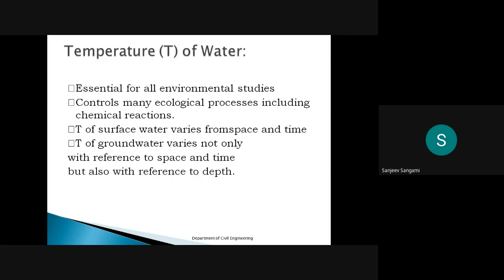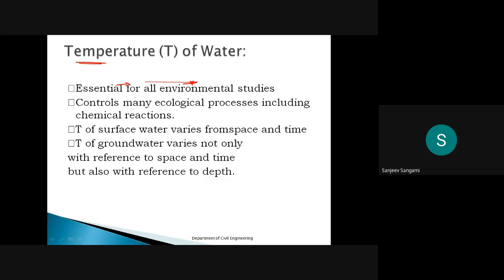So when it comes to temperature, it is very much essential for all environmental studies. This is the beginning. Physical parameters means you can sense it or you can see it.